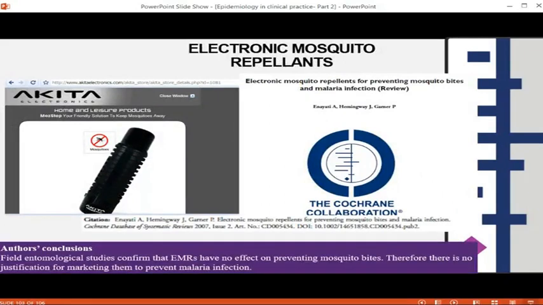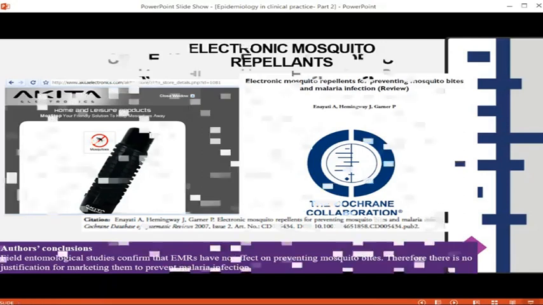So you can't randomize mosquitoes. What they do is go into the field and do studies on mosquitoes with the device and without the device, and found it has no effect in preventing mosquito bites. So they felt that there was no justification for marketing them to prevent malaria infection.